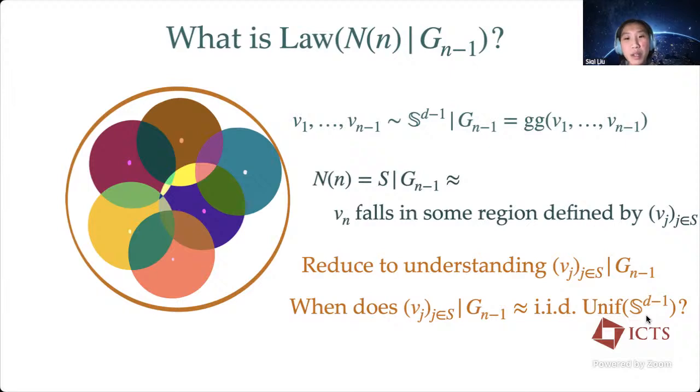That'll be our goal. Because if that's the case, then their sphere cap size is going to be roughly p to the power of s, which is pretty much what we want in order to prove that this distribution of the neighbor is very close to the binomial distribution. So that's what we're going to do next.